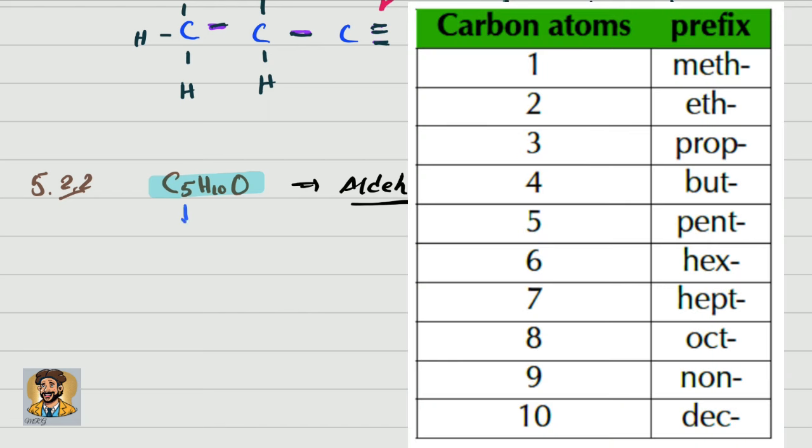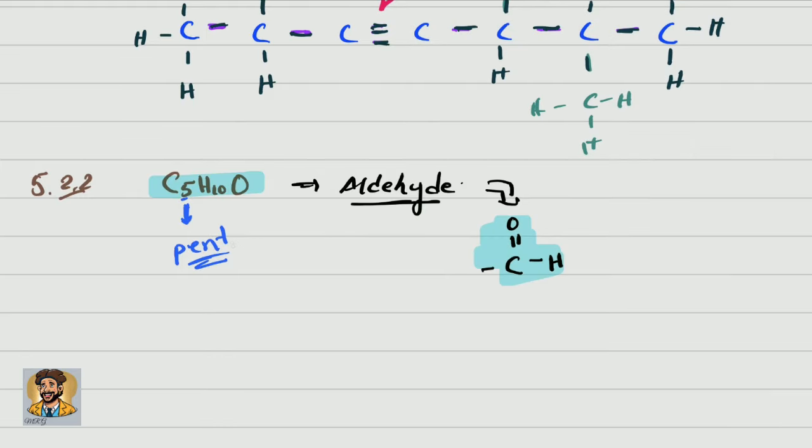Remember that 5 is pent. And from alcohol on, you say pentan. So in this case, the best way of giving the name is pentanal. You don't have to write the place where the functional group is because it's always in the first carbon. So that is pentanal. That is the best option of writing the name.